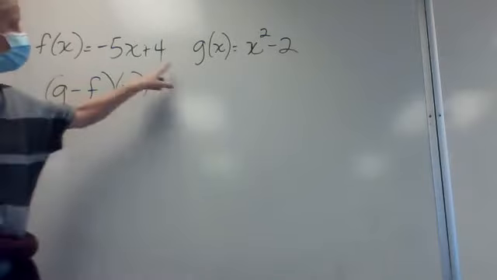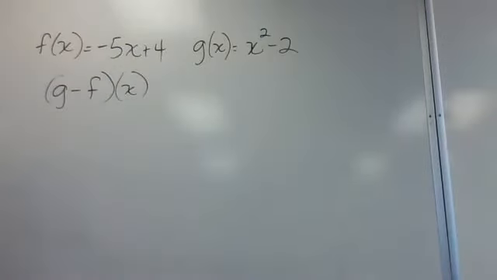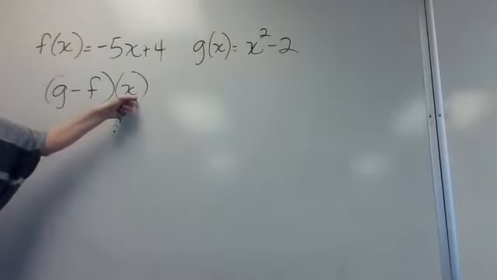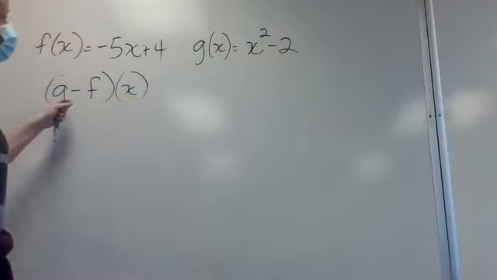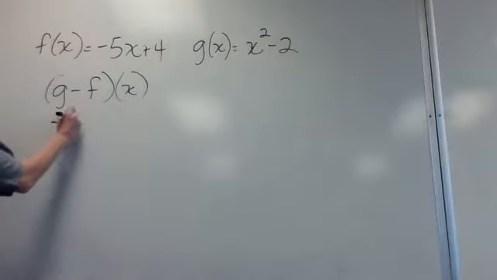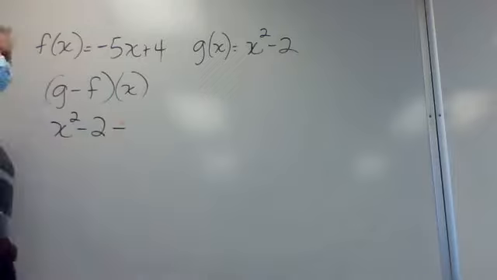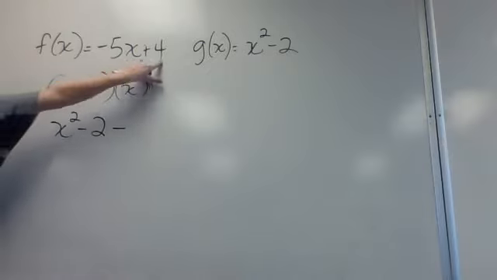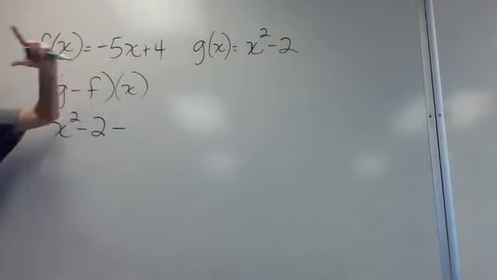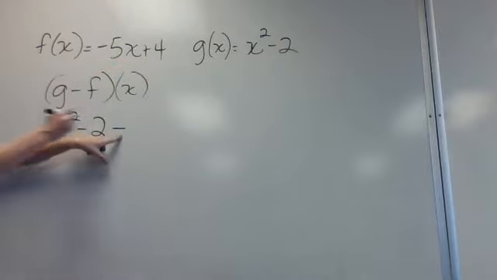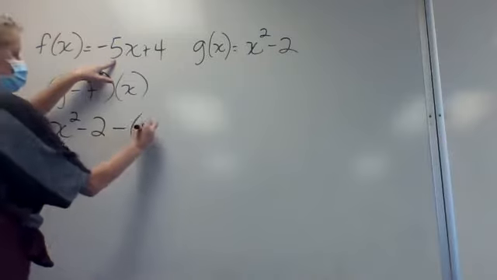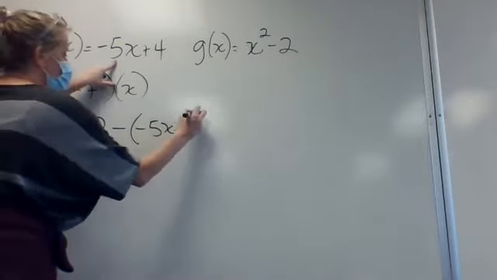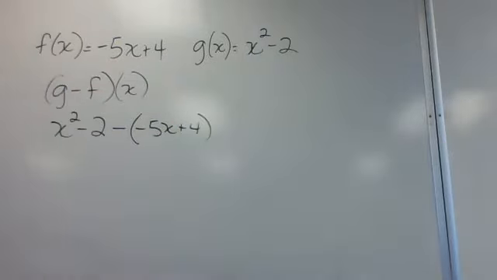So I don't need to replace the x's with any numbers, right? Because it is x. So I'm just going to find my g function, which is x squared minus 2, minus my f function. Now remember, I don't want to just subtract part of the f function. I want to subtract the whole thing, which means what am I going to have to put around this whole function? Parentheses. So minus the whole function, which is negative 5x plus 4.